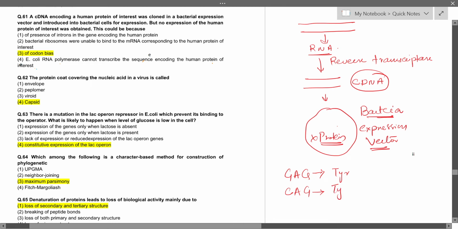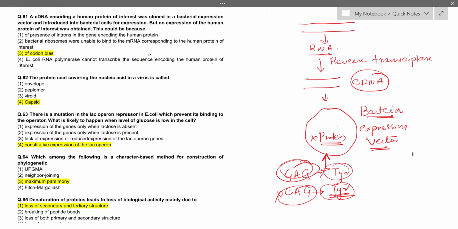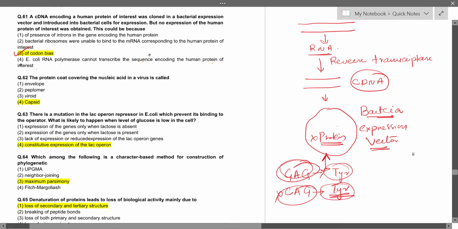In species to species, everywhere it is producing tyrosine from GAG and CAG, but bacteria may prefer GAG over CAG. It would not prefer CAG to produce tyrosine; rather, it would just prefer GAG to produce tyrosine. So this phenomenon is called codon bias. So here the third option is the correct option.